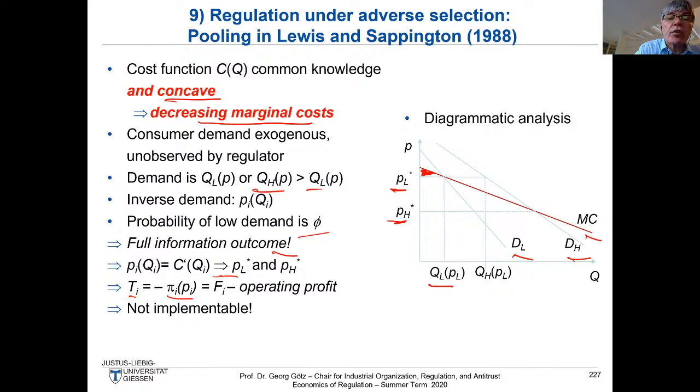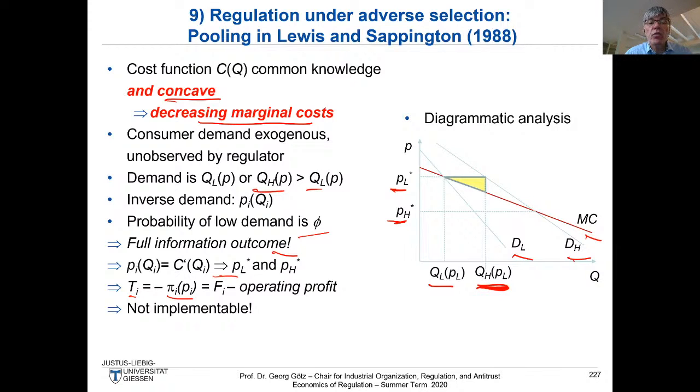The revenue just simply being this rectangle here, and you would then get a small transfer above the fixed cost. Now, what happens if a high type would have an incentive to claim to be a low type? The high type, given this price, would sell these units.